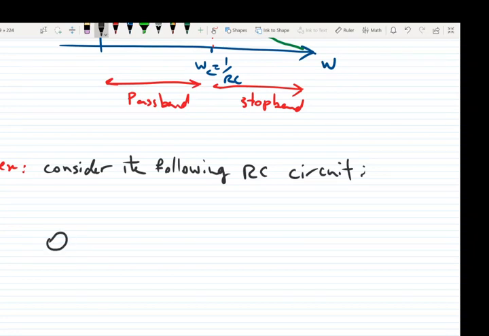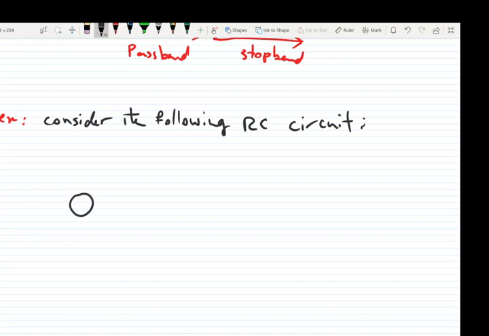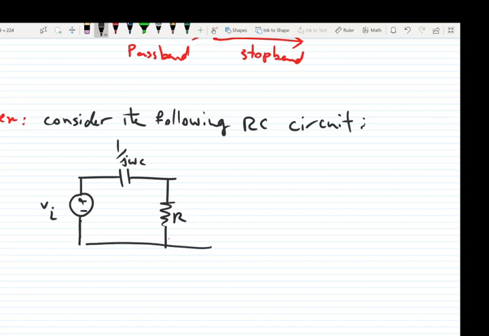So this time we have this circuit. This is VI, 1 over j omega C, R, and VO.